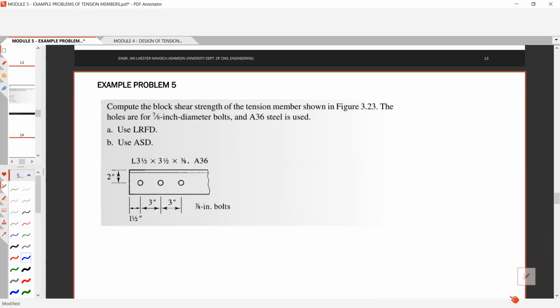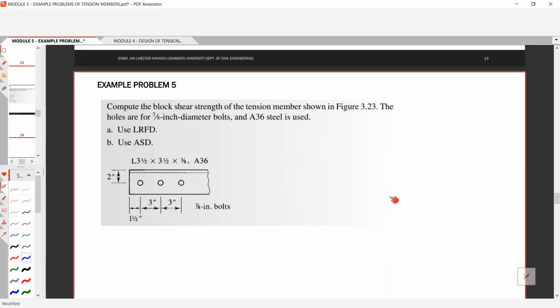Okay, another problem is this one. We are now considering the block shear limit state. Compute the block shear strength of the tension member shown in this figure. The holes are 7/8 inch diameter holes, and we're also using A36 steel.